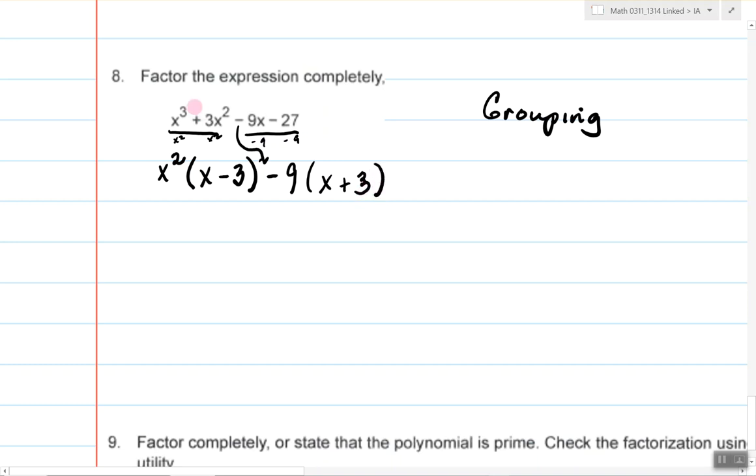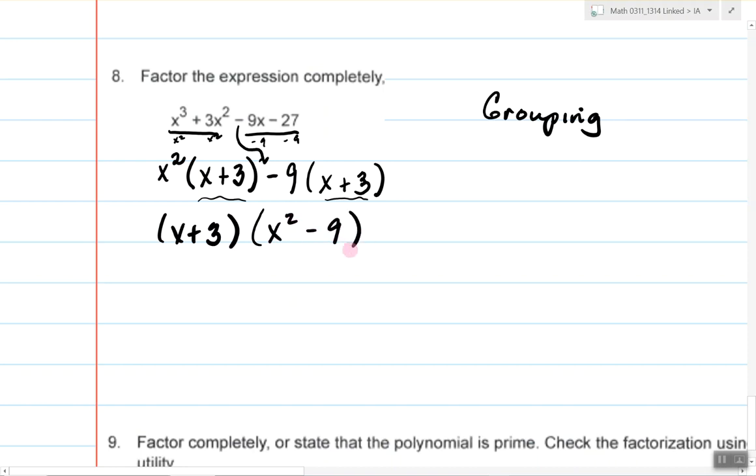And go back over here. I don't know if I said it right or wrong, but that is a plus 3. All right, my common binomial factor is x plus 3. My other factor is made up of an x squared and a minus 9.